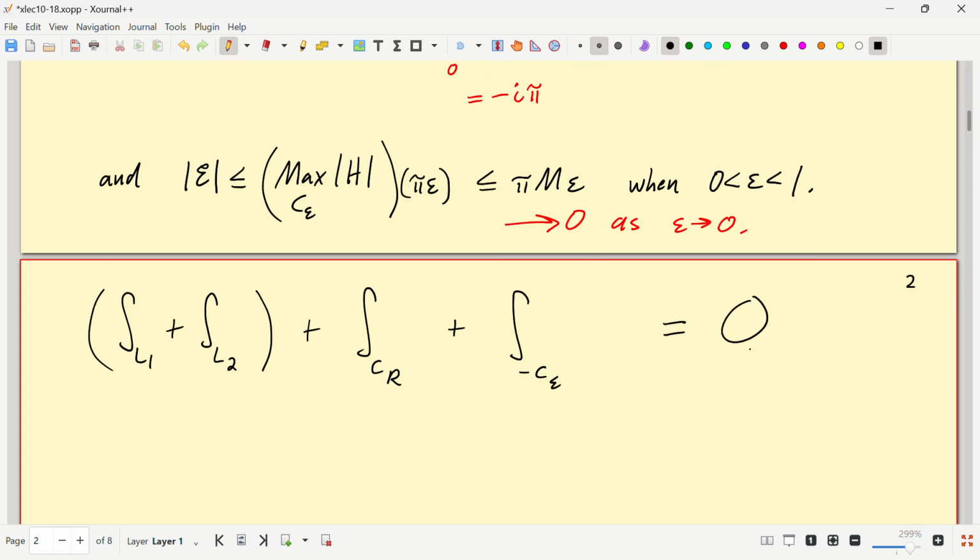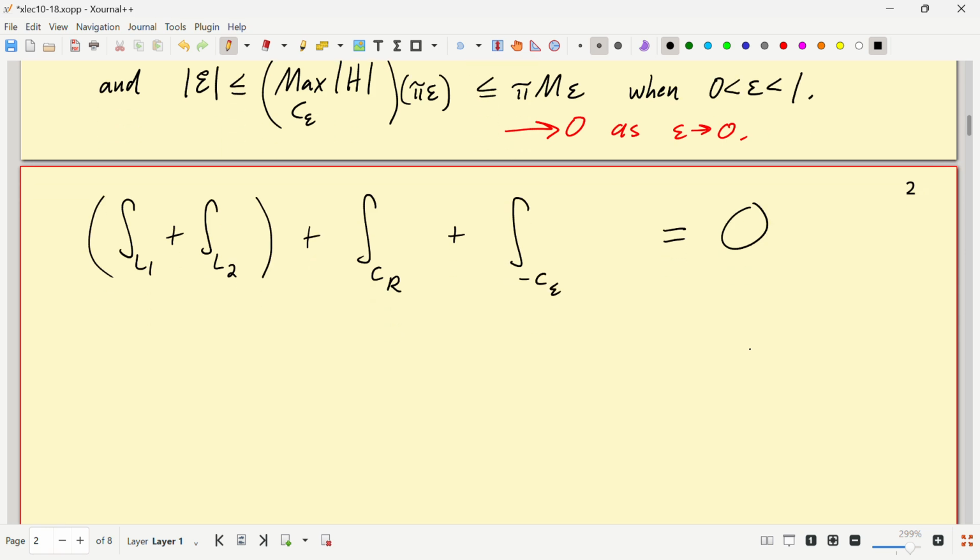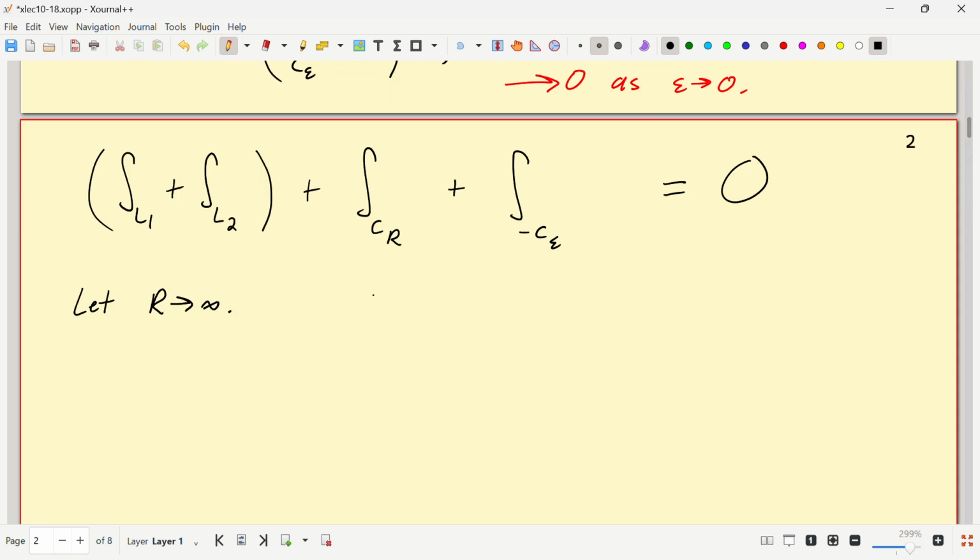And so step 1 is let R go to infinity. Then what would these go to? This first one would go to 2i times the integral from epsilon to infinity of sine t over t dt. This one would be going to 0, and this one just stays the same.